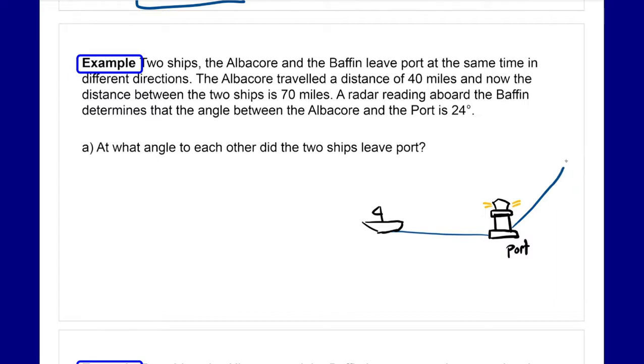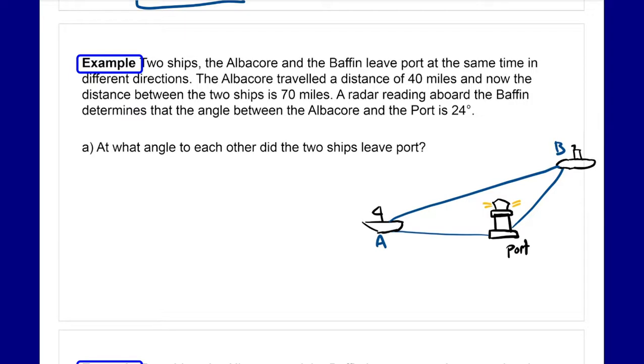Maybe we'll make this one, let's make it like a submarine, just for sake of argument. So we have our submarine, we have our boat. So if we can see how our triangle is formed now. So again, it doesn't really matter which one is which, but let's call this one the Albacore, let's call this one the Baffin.